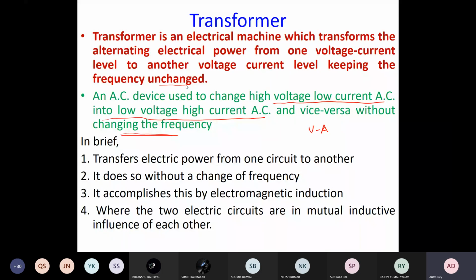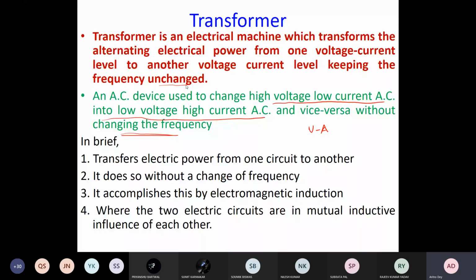First your electrical energy is converted into magnetic energy, and then the magnetic energy is converted again into electrical energy. This is how a magnetic circuit isolates the primary and the secondary, where the two electric circuits are in mutual inductive influence of each other, and only then can you develop the secondary voltage, right?